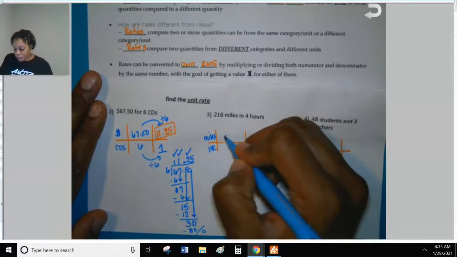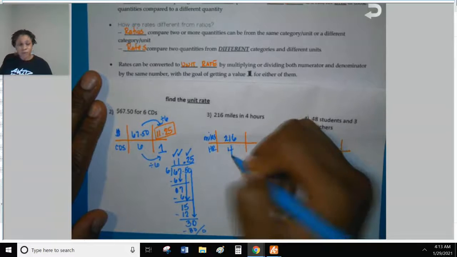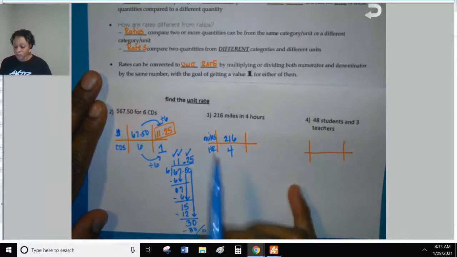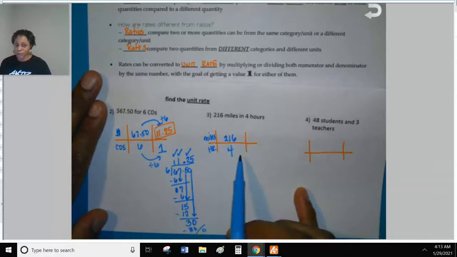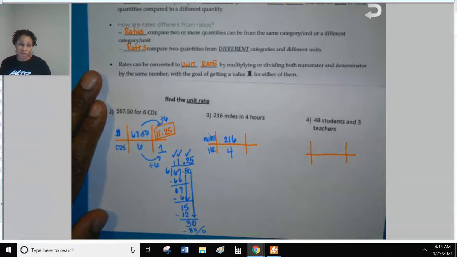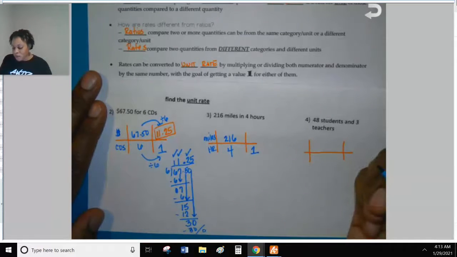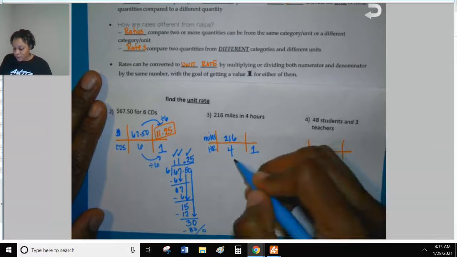So there's no real way to write it. Just know that whatever you do on top, you want to keep it on the top. So once you put miles here and hours, you want to keep miles on top and hours on the bottom. You don't want to mix it up, and that'll be significant later, okay? So I want to know how many miles I can go in 1 hour.